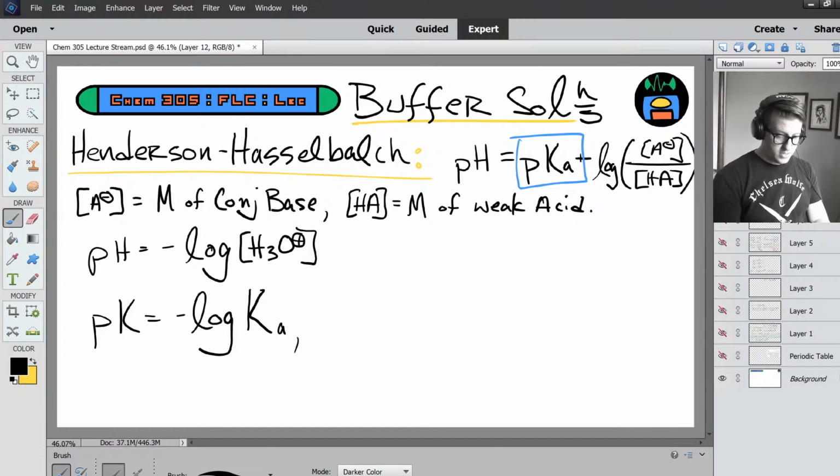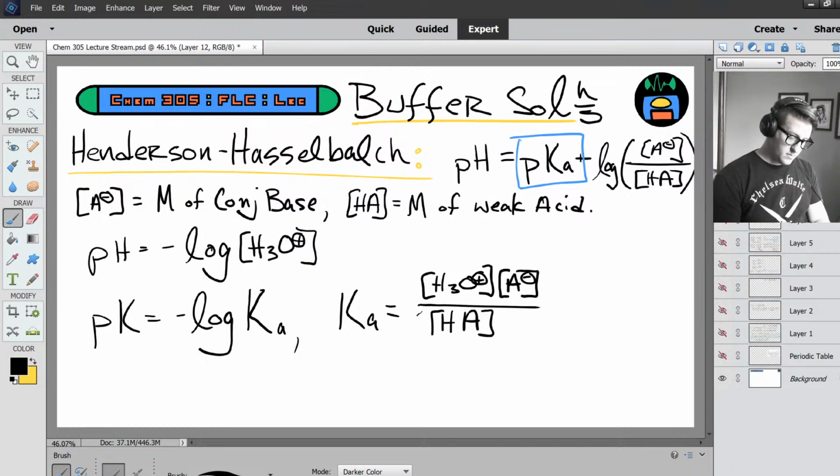You'll recall that Ka is just products over reactants, right? So that's all pKa is. It's just the negative log of the acid ionization constant.